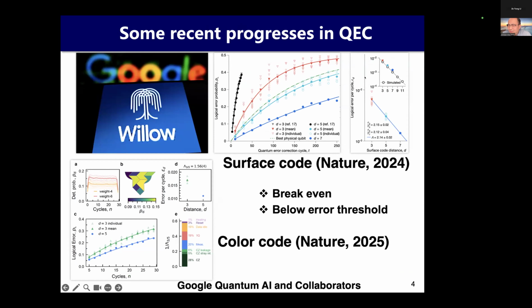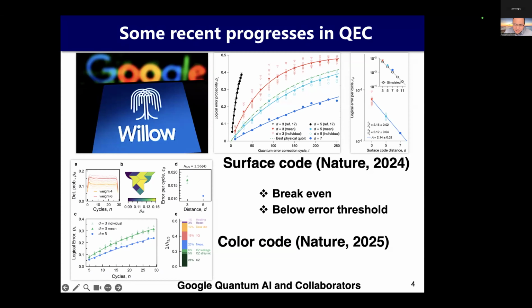In this figure, they showed that if you increase the code distance, then the logical error will decrease exponentially. I think this is an unambiguous demonstration of the so-called break-even. That means after you correct the errors, the logical error becomes smaller than that of your physical qubits. That is really exciting and really important.